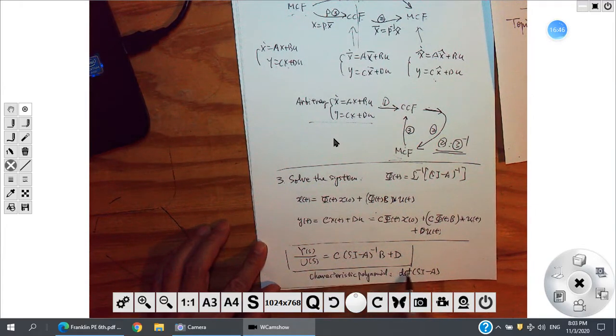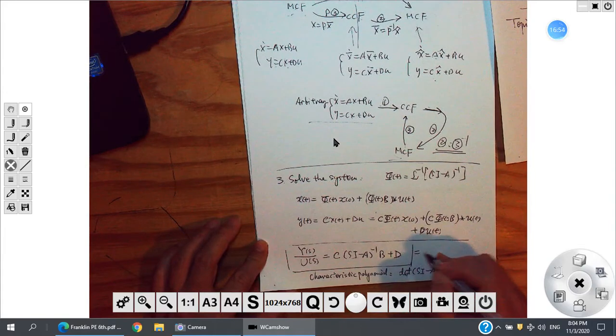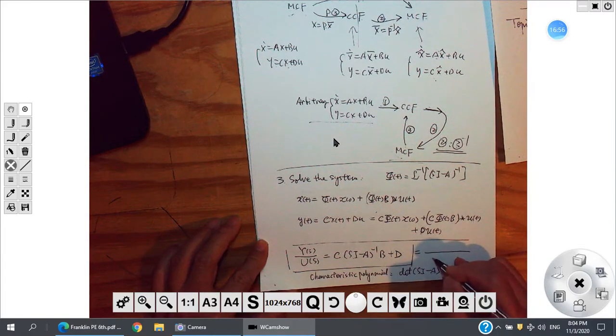So this one is the denominator of this transfer function. Actually, we have a formula. This one will equal to determinant of sI minus A, and here is also a determinant of some kind of a matrix. Yeah, I can't remember. You can check textbook.